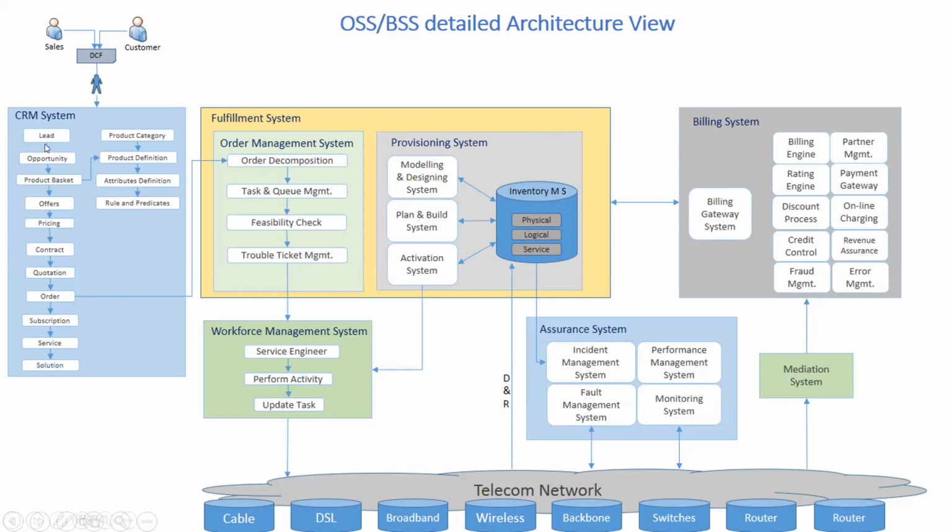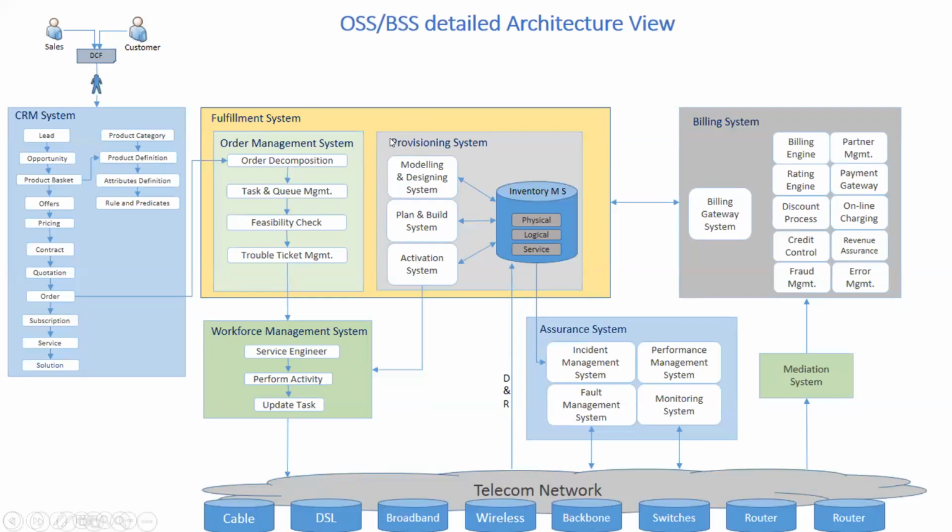From lead, campaign to lead to opportunity to product basket, we fill in products. We create offers, pricing, contract, quotation, and order. When we create our order, this order goes to the order management system outside Salesforce. This is called the downstream system. It goes to order management and order decomposition, where someone works on the order, updates the systems and activates the order.